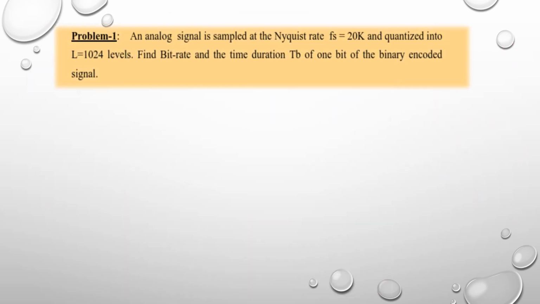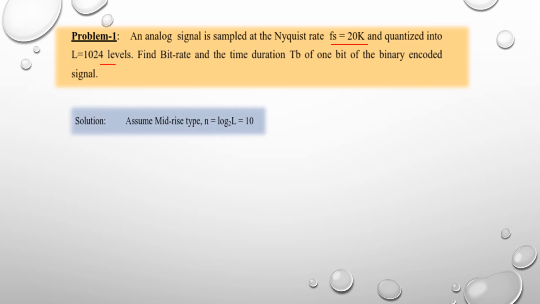Let's consider one specific example. An analog signal is sampled at a Nyquist rate Fs equal to 20k and quantized into L is equal to 1024 levels. Find the bit rate and time duration Tb of one bit of the binary encoded signal. In this particular problem, we have to find out the bit rate and time duration.